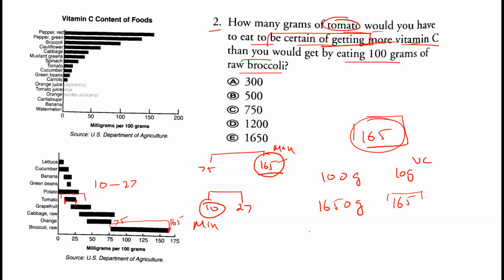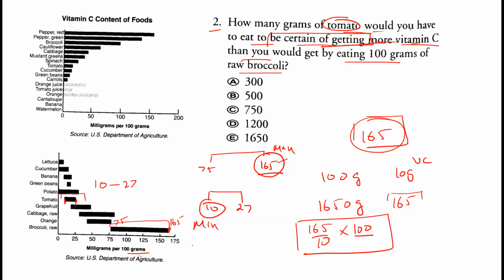So 165 divided by 10, multiply by 100. So 165 is the amount of vitamin C in raw broccoli, and 10 is the milligrams of vitamin C in tomatoes, multiply by 100, because 10 milligrams of vitamin C is in every 100 grams.